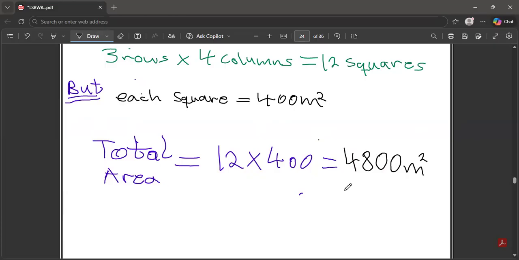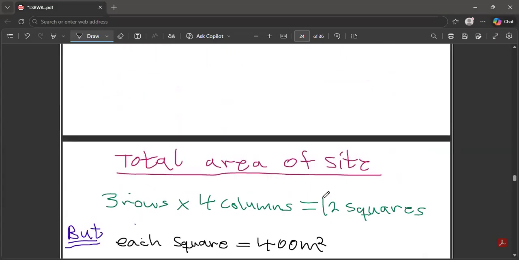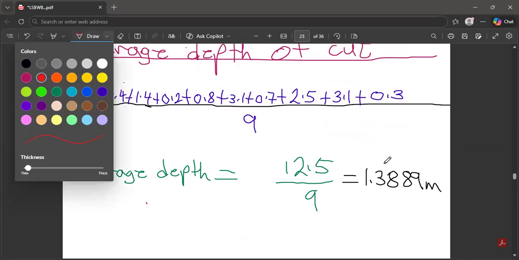Our final step. Now we're coming to calculate the excavation volume. The volume of excavation is just the average depth times the area. When we calculated the average depth, what did we get? This is the answer we had for the average depth.